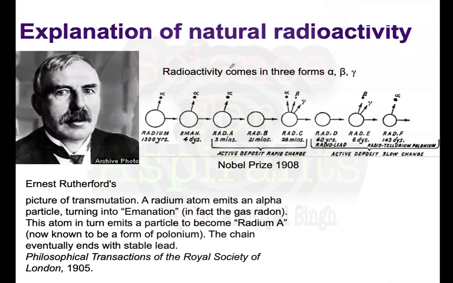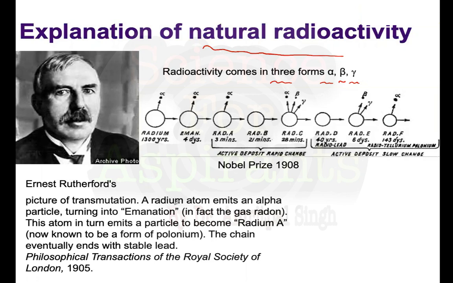After the discovery of radioactivity in 1903, the famous scientist Rutherford gave an important explanation of natural radioactivity. Rutherford said that radioactivity comes from the emission of particles from radioactive substances, like alpha, beta, or gamma particles.